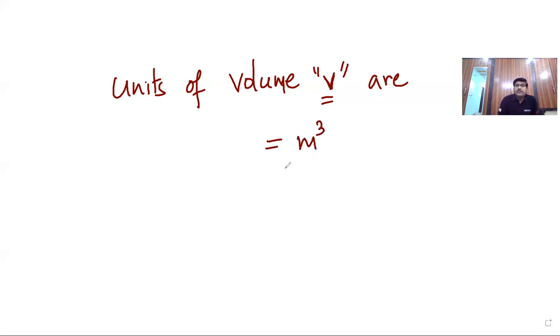Meter cube is a large quantity. Or centimeter cube, which is a smaller quantity. Further, millimeter cube is a furthermore smaller quantity. All these are units of volume. Clear?